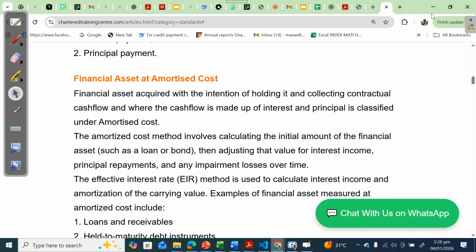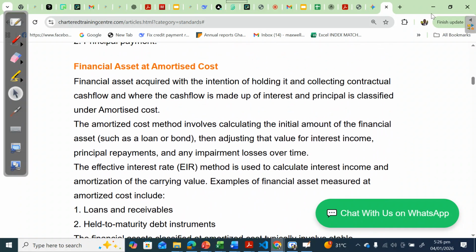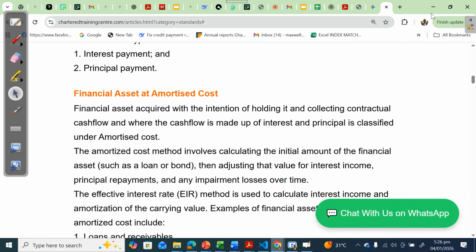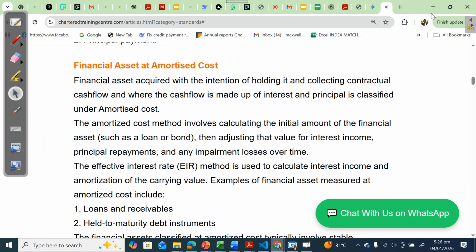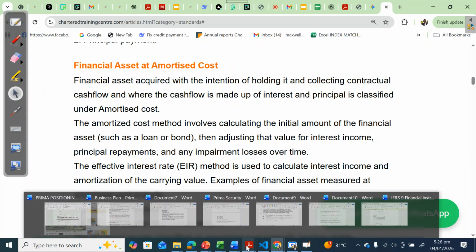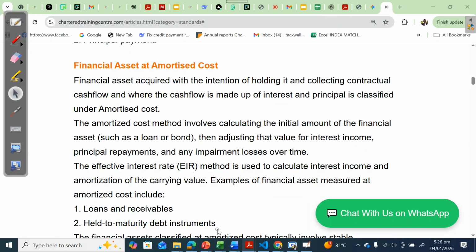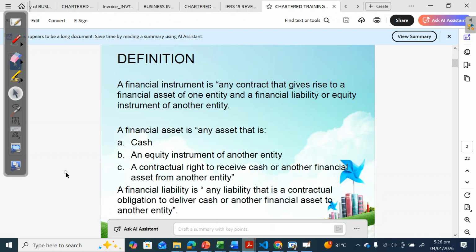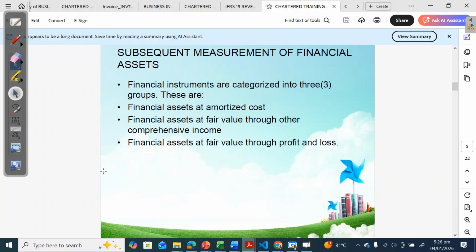Now let's look at the classifications of financial assets. Financial assets are classified into three types. We have financial assets at amortized cost.